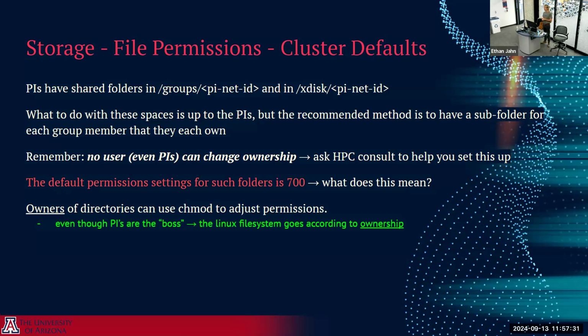So even though the PI would be in that group, the default for those folders is to not have any access. If you do want to change that, you can either have the owner of that folder perform a chmod command in order to increase the file permissions available to group members, or you can come to us and ask for help in setting up some sort of shared file or folder for your group.